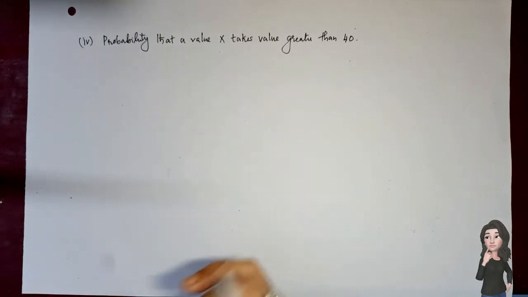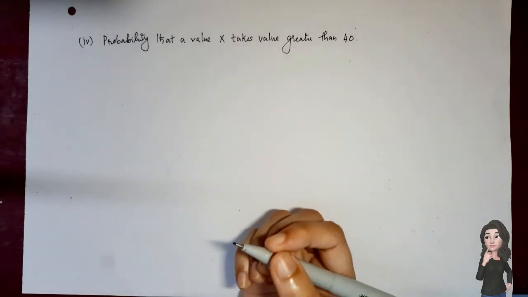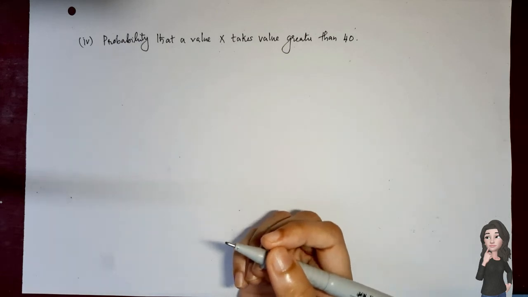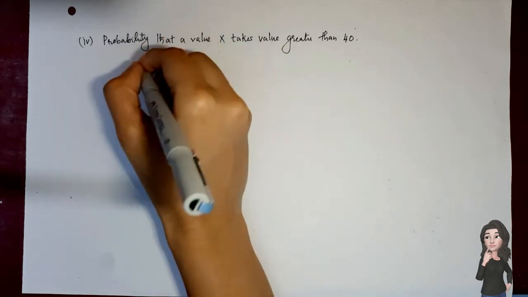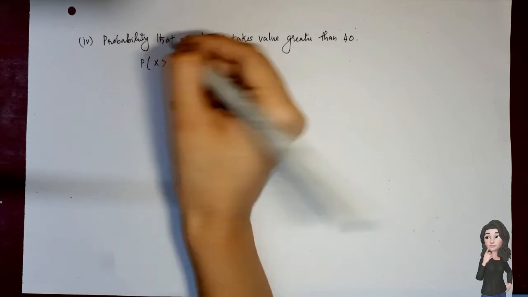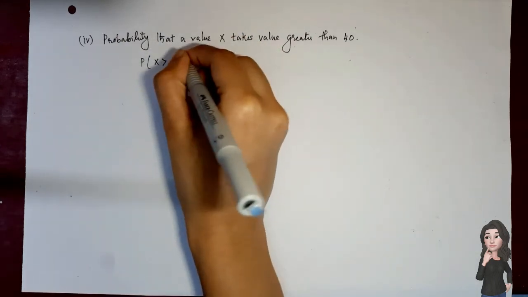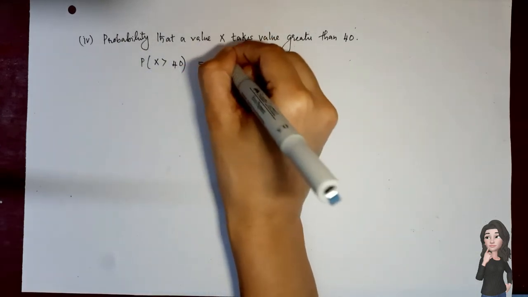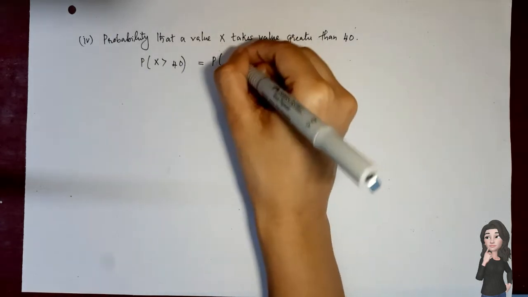Now the fourth subsection is to find the probability that a value x takes a value greater than 40. So the probability of x greater than 40. What we do is standardize it.